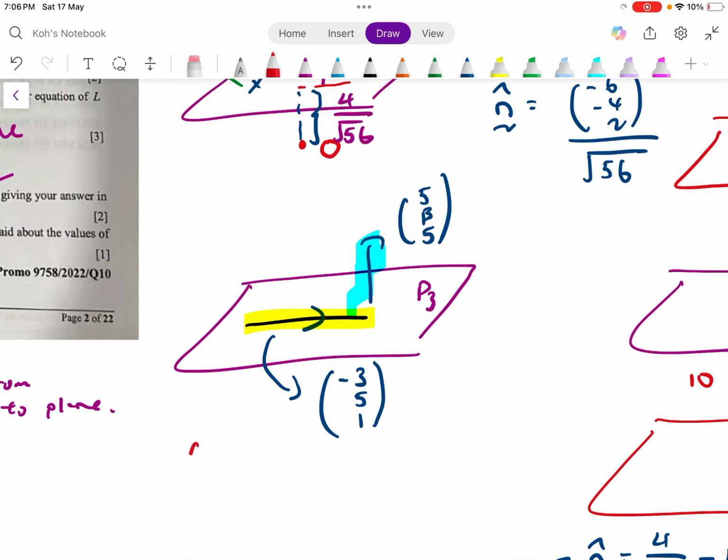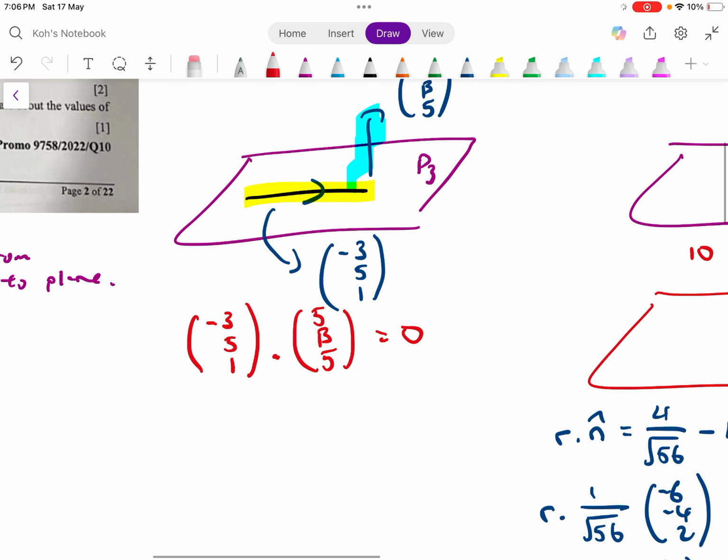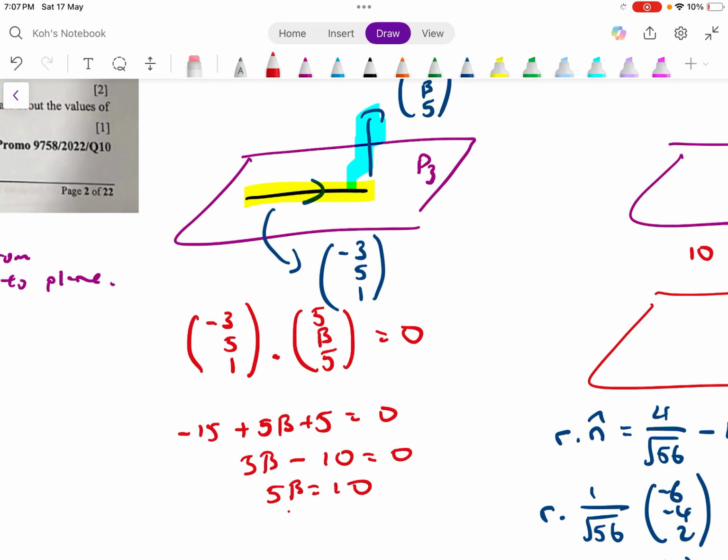So negative 3, 5, 1 dot with 5 beta, 5 gives 0. Negative 15 plus 5 beta plus 5 equals 0, so 5 beta minus 10 is 0, 5 beta equals positive 10, and beta is positive 2. So that is the value of beta.